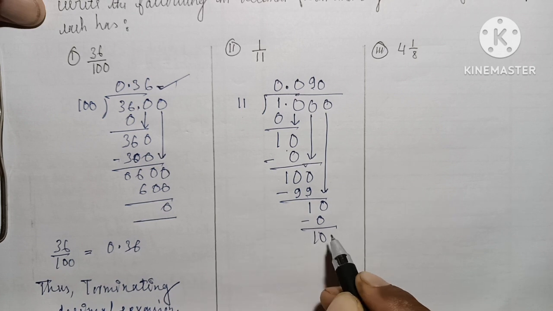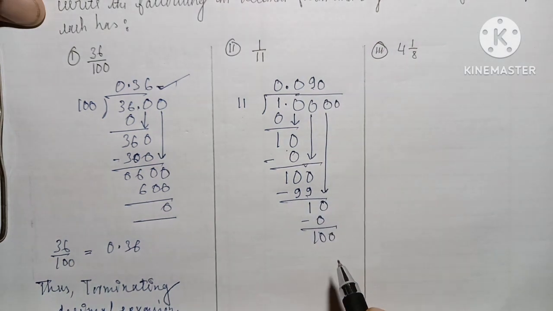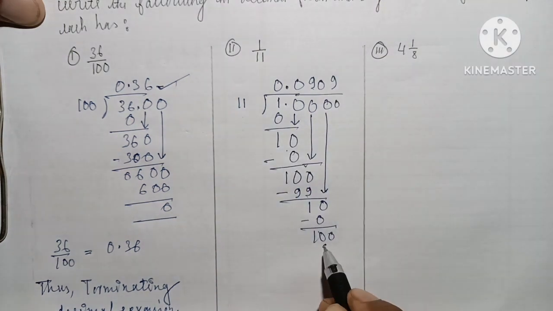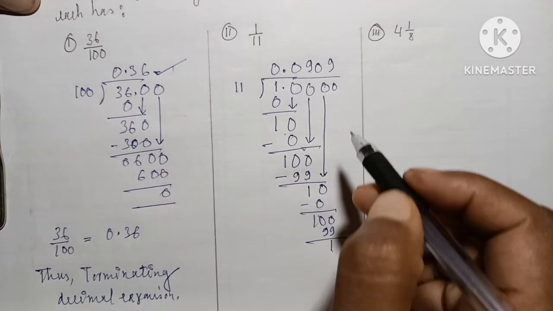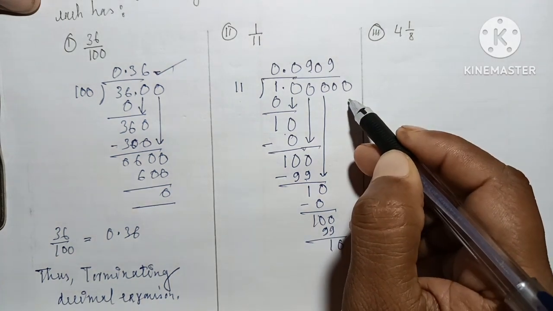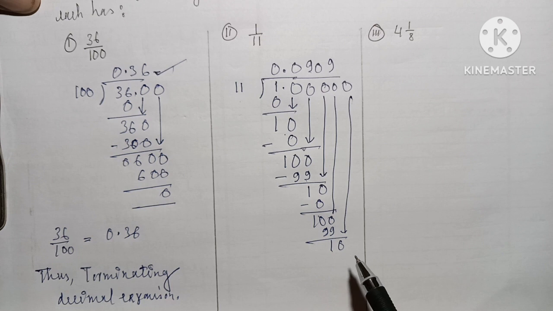Then again 10. Now here you give one more 0. Then here also you get 0. Now 11 9s are 99. Now get 1. Now here also 0. Here also 0.